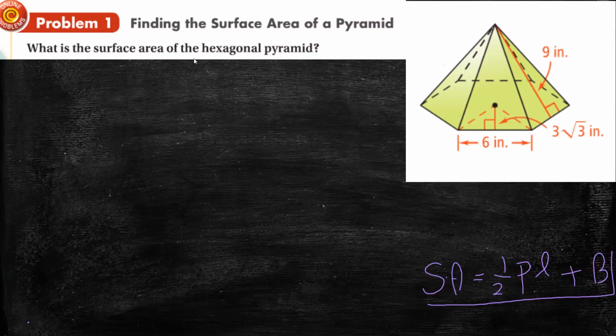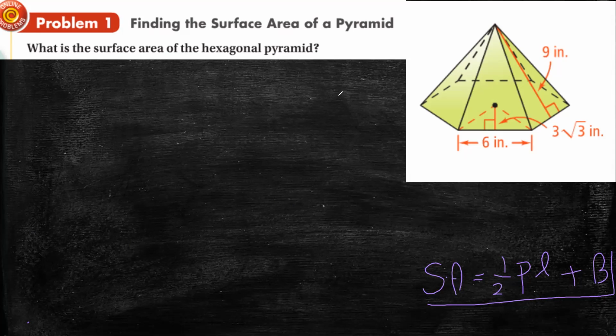Now I need to find the perimeter of the shape, the slant height of the shape, and the area of the base. Look at this shape here. What is the shape of the base? It's a hexagon.